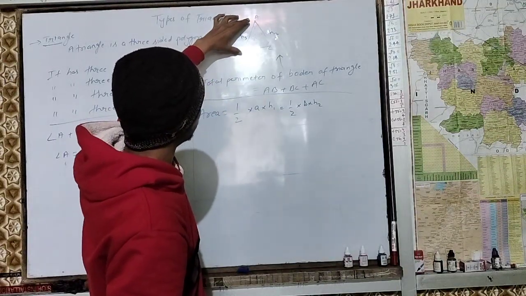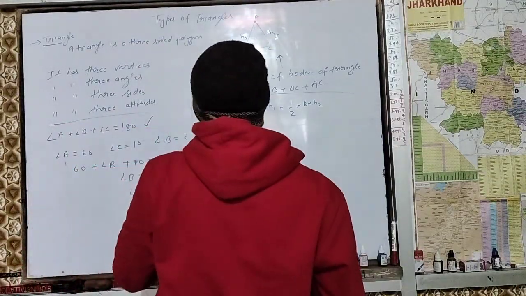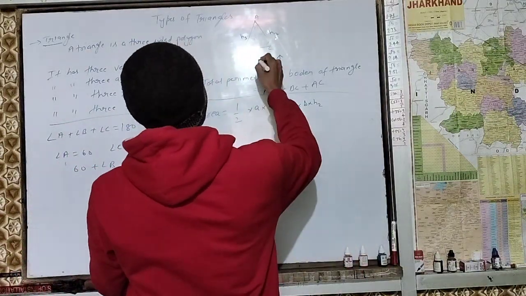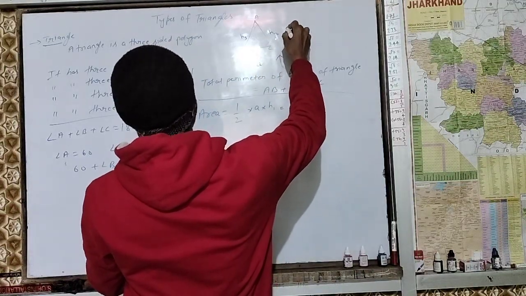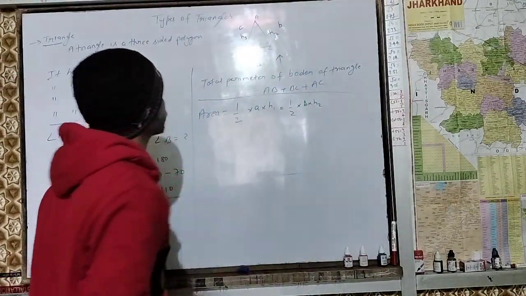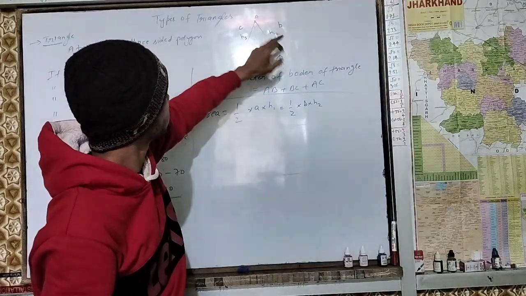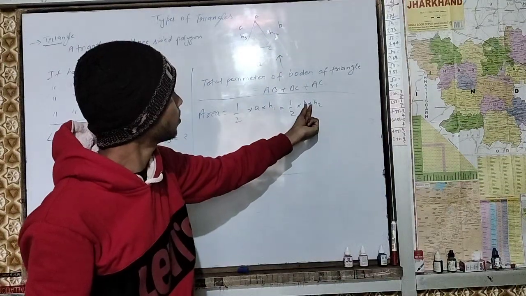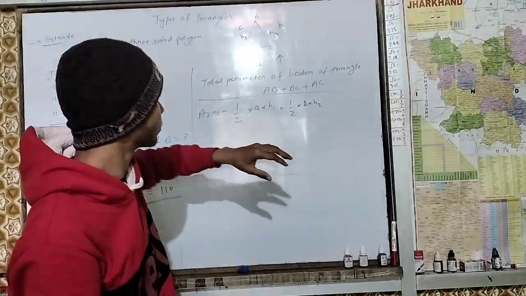This is A, B and C. B multiplied by H, base multiplied by altitude.